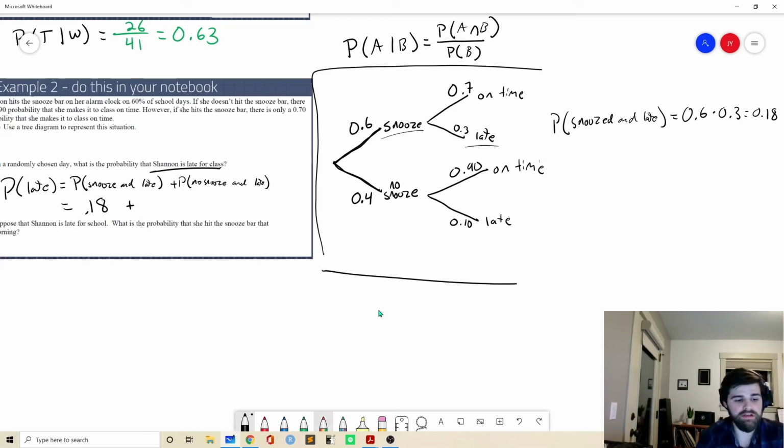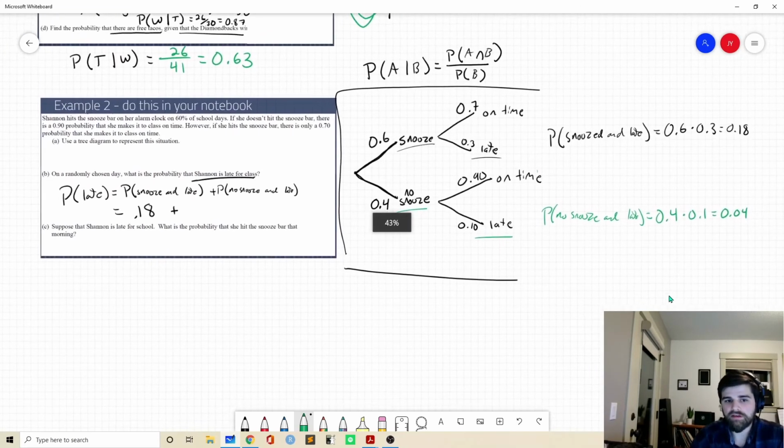Okay, we can do the same thing for no snooze and late. So probability of no snooze and late. Well, if she doesn't snooze on 40% of days, and then of those 40% of days, she's late 10% of the time, well, then that means 4% of all days she is late and did not snooze.